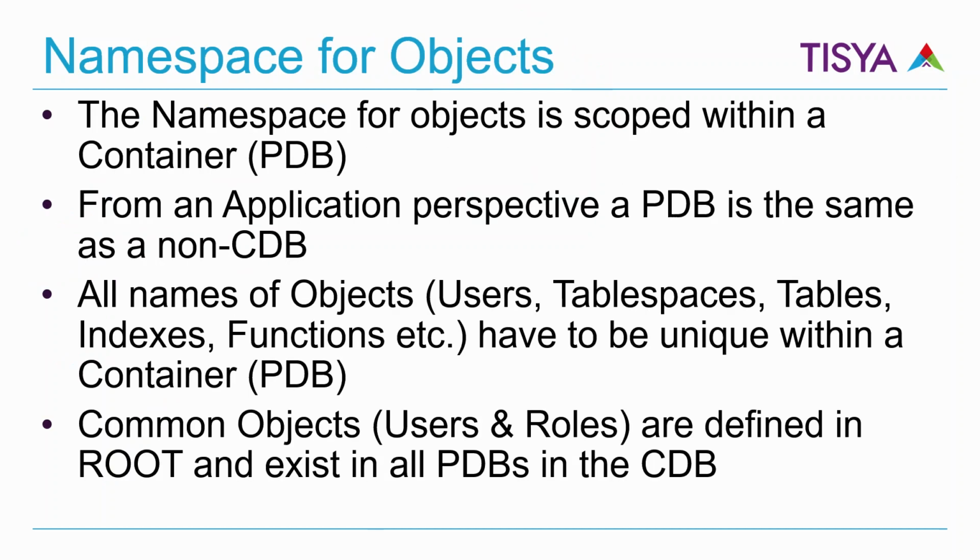Then the namespace for objects that are created is scoped within a PDB, which means within a PDB, two tablespaces cannot have the same name, two users cannot have the same name, and two tables that you create within a given user cannot have the same name.